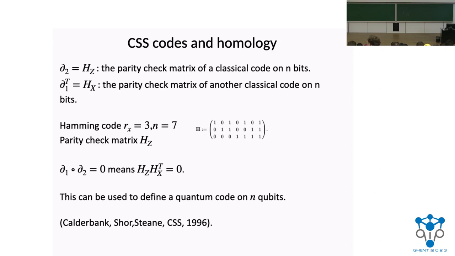Okay, and then the del2 transpose, because it acts sort of the other way, it is H_X, the parity check of another classical code on n bits. And then this condition, if you just apply this, it just means this property. And it means that if you look at the rows and the columns of this, they have to be orthogonal.